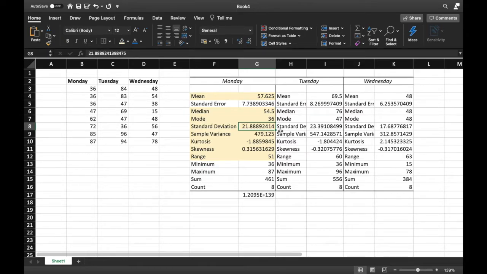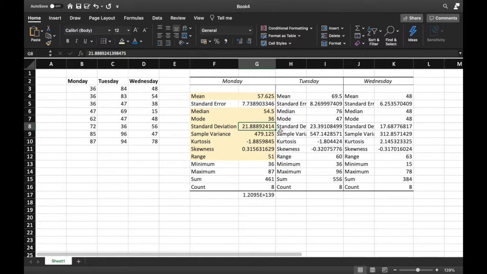So it's important that you also know what your data values are, and you can look at the minimum and maximum numbers. And we are dealing with numbers that are from 36 to 87. So given that you're only working with the numbers 36 to 87, 21.89 is a big number if you are looking at how variable data are or how far they are from each other.